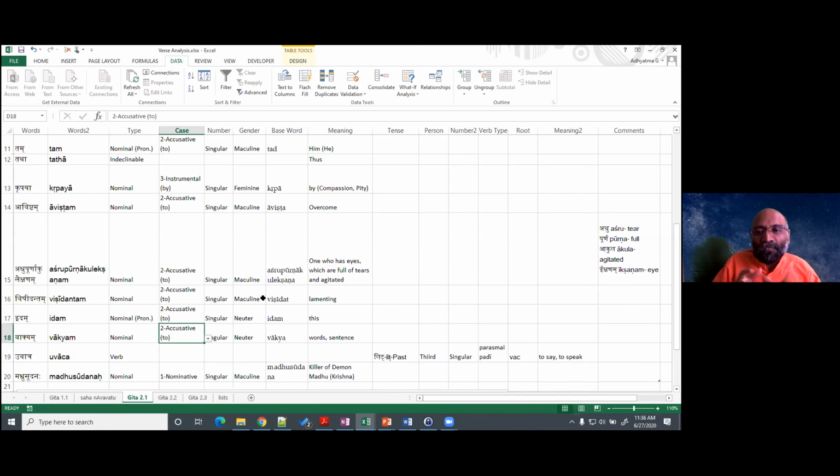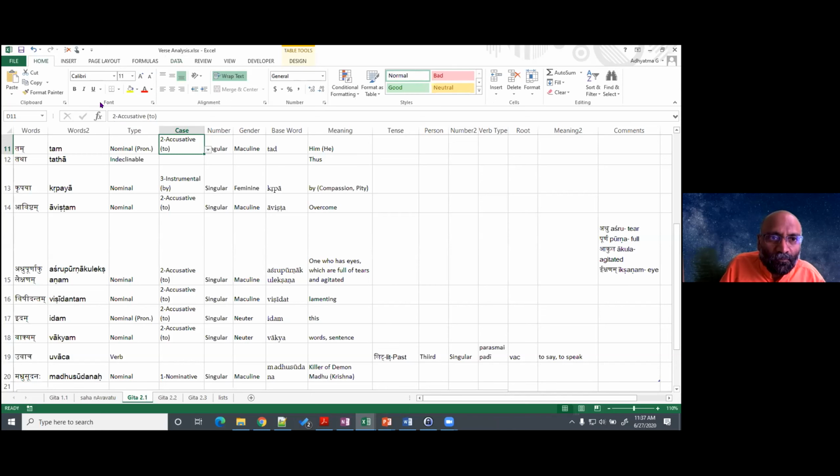Sanskrit has some verbs, like speaking, which take two objects. One is the person whom you are speaking to, and the other is the words you are speaking. So there are two objects here. I'll mark them in yellow so that you can see.